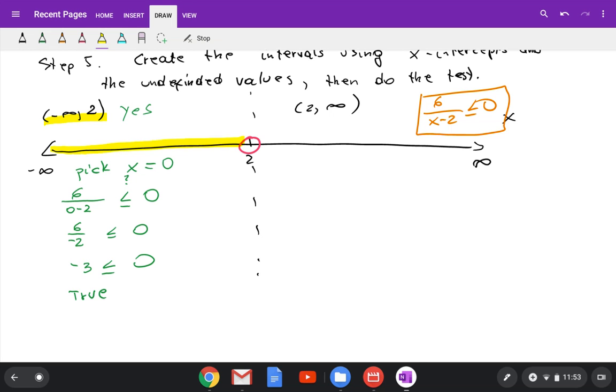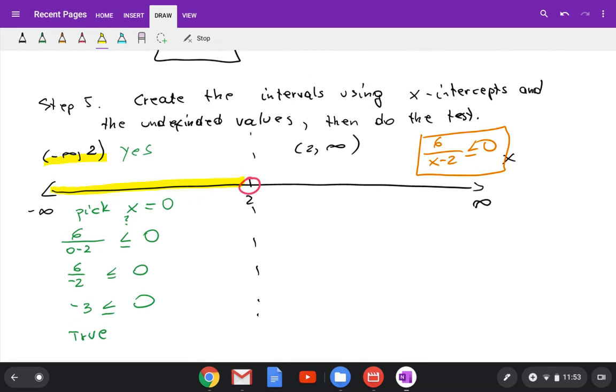Okay, so yes, the interval from negative infinity to 2 satisfies our inequality. So that will be 1. Still, don't ignore the second interval. Always check. Next interval is 2 to infinity. Pick any value from 2 to infinity. I will pick x equal 3 and substitute 3 into the inequality. So we're getting 6 over 3 minus 2. You're checking if that will give you less or equal to 0.